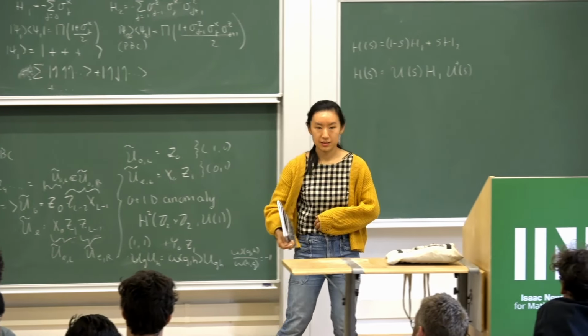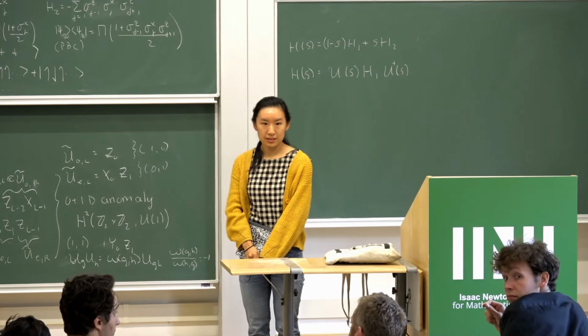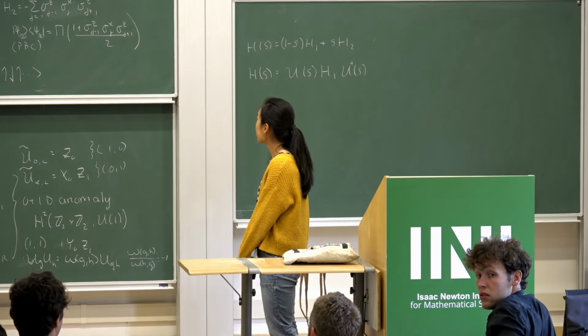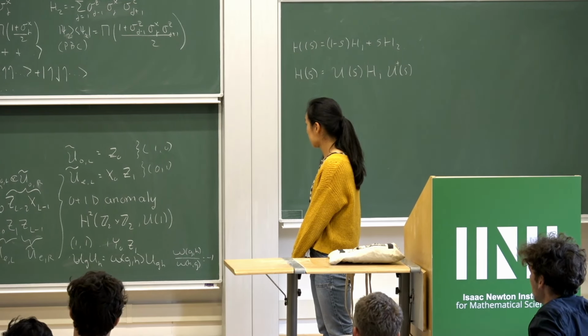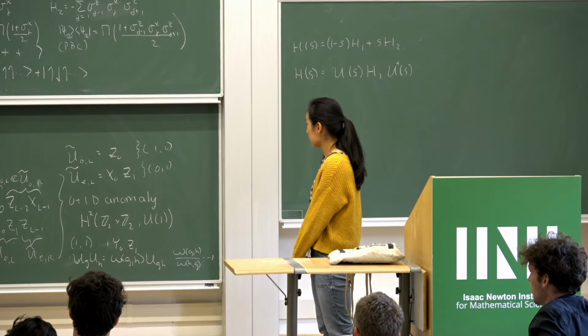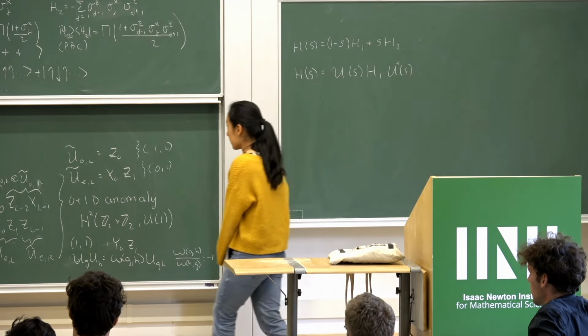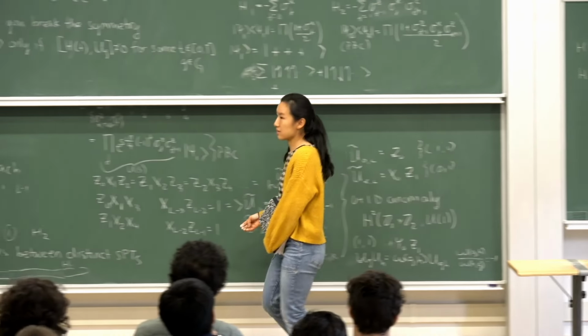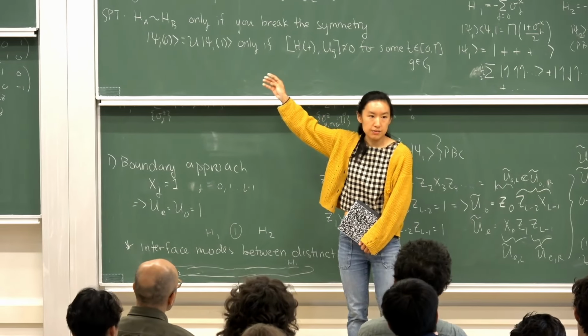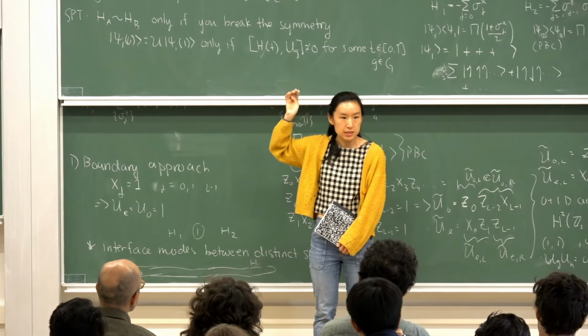Maybe I'm just too naive, but is it not enough to see from the edge that U0L and UDL anticommute in this case? Yeah, so that's one observation, but then you might want to connect that, as we mentioned before, to this kind of interpolation by Hamiltonian and interpolation by states.